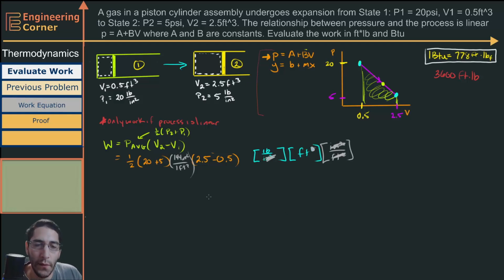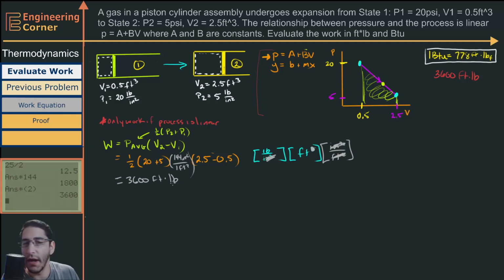So unit-wise, we're all set. Let's do this calculation: 25 divided by 2, times 144, times 2. And we get 3,600 foot-pounds, and we know this is correct. We can convert to BTU if we really wanted to, but since this is the same as before, we know the conversion is going to be the same.